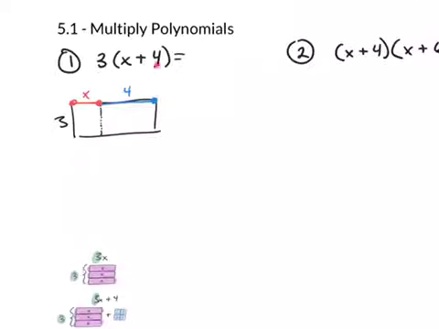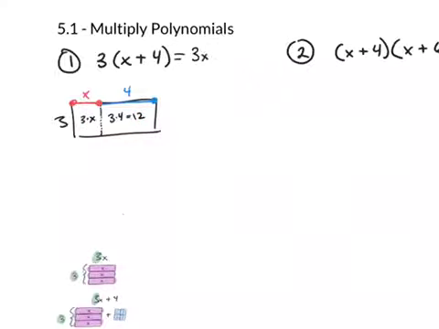And to multiply this out, or distribute that 3, I could think about, hey, first multiply 3 times the x to get the rectangle on the right, then multiply 3 times 4 to get the rectangle on the left. 3 times 4 is 12, and the total area of the whole rectangle would be the left rectangle, 3x, plus the right rectangle, 12.